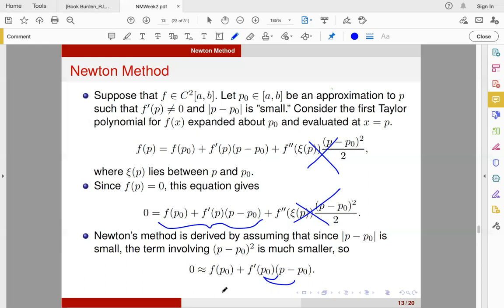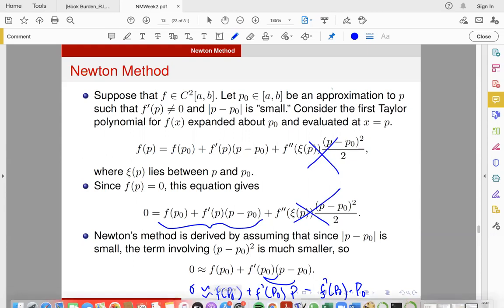So okay, let us derive this. It is f(p0) plus f'(p0) times p minus f'(p0) times p0. What we want to find is the value of this p, right? Move everything to the right.